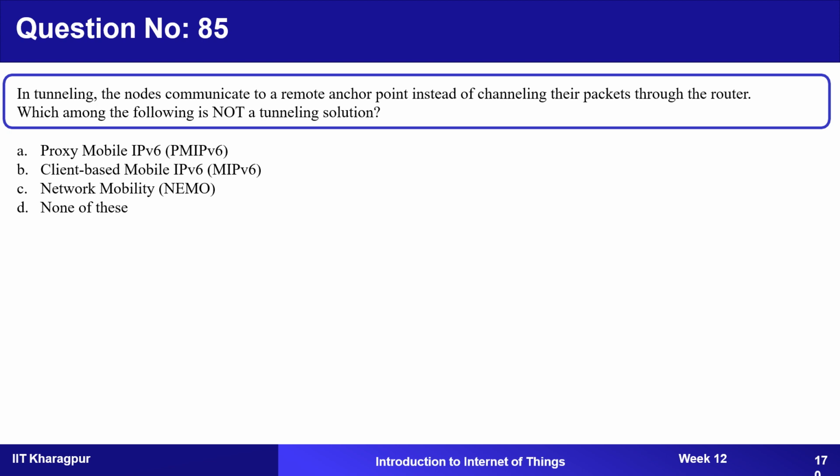C, network mobility. It's proxy mobile IPv6. Question is, which of the following is not a tunneling solution?